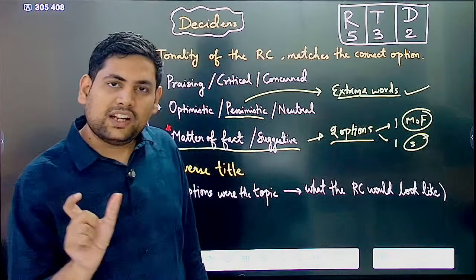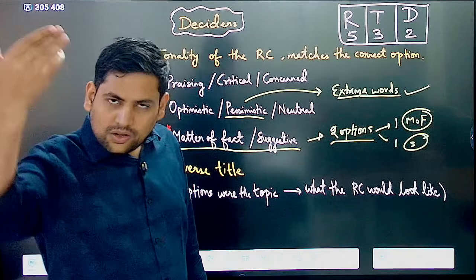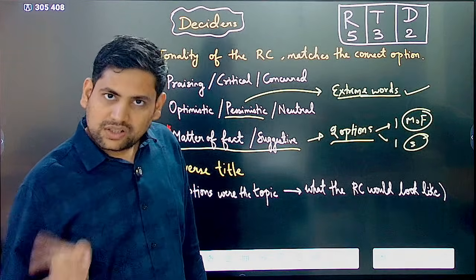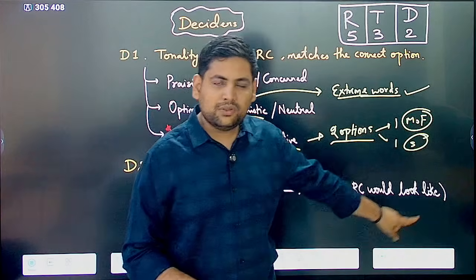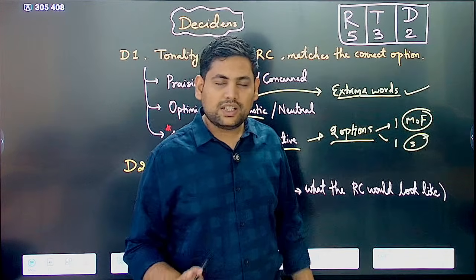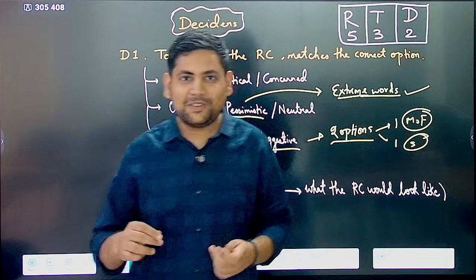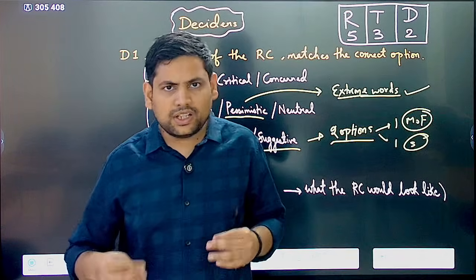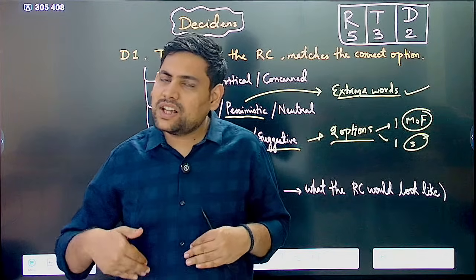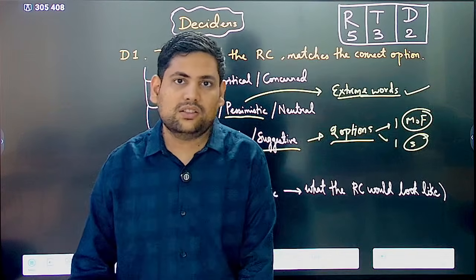So in that I said that if it were right to vote, what would the passage look like? So this is a test that you do. If the options were the topic, what would the RC look like. Just see it for once, close your eyes and see it for once. If this was the topic, what would I write? If you have done a little bit of answer writing, you would know what the usual things are that will be there. It suddenly clears a lot of things.